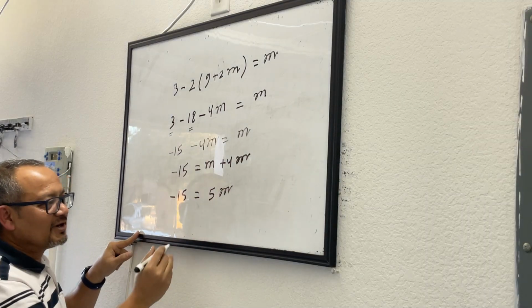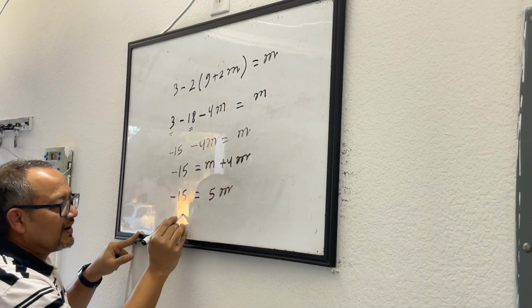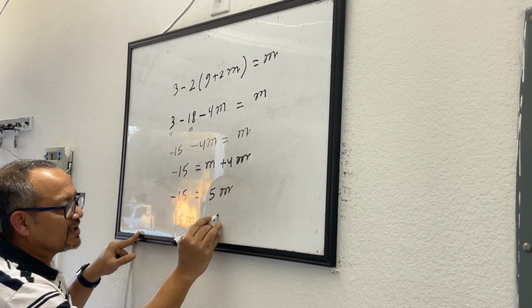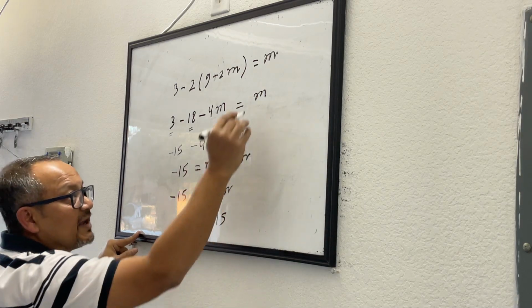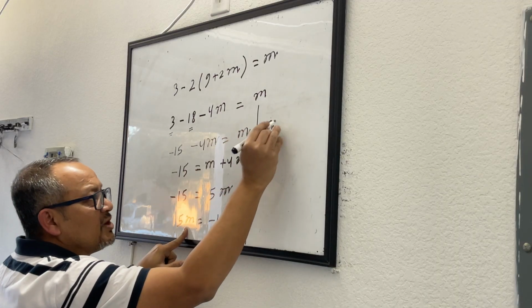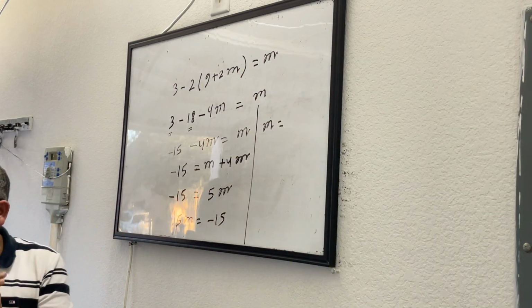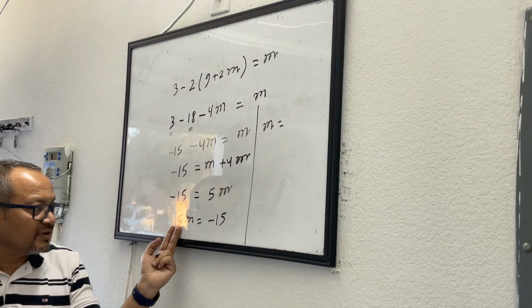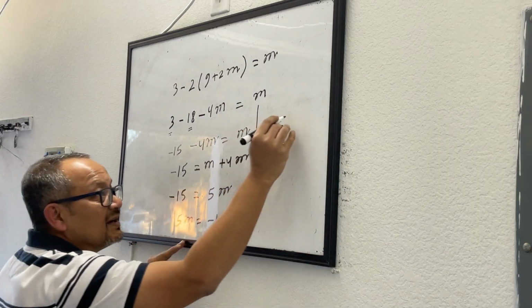So now 5m equals minus 15. So if I keep only m here, 5m means 5 into m. So if I move this guy to other side, it will become division.